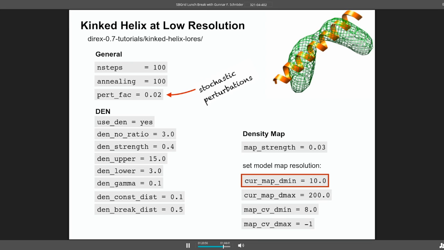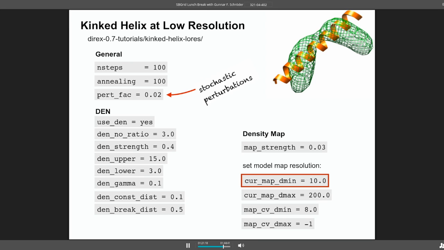So atom pairs that are within 3 to 15 angstroms can be selected for the restraints. Then the gamma value that we talked about. And you can also make the DEN restraints not completely harmonic, but become linear after a certain distance, in this case 0.1 angstrom.